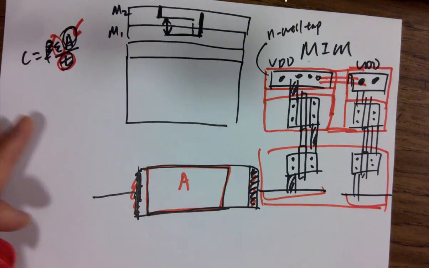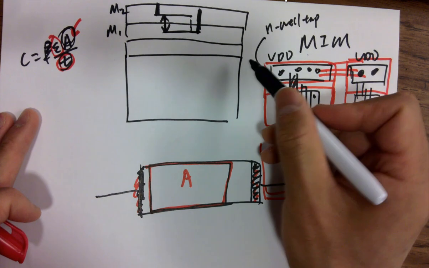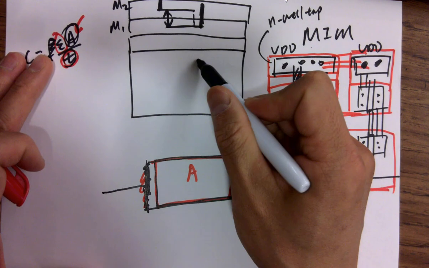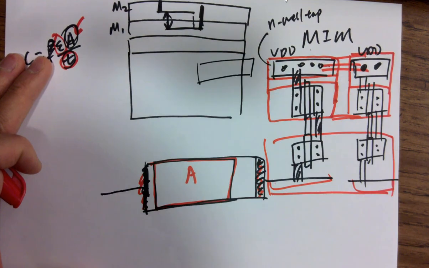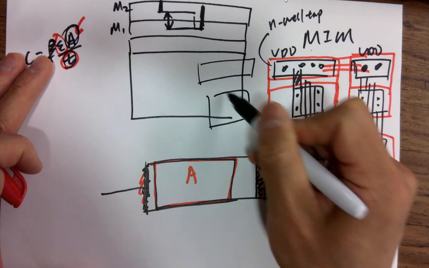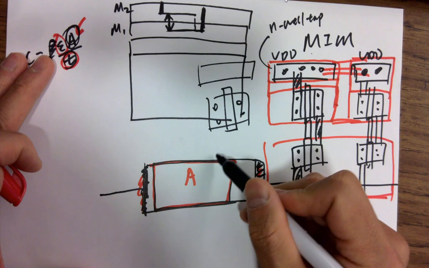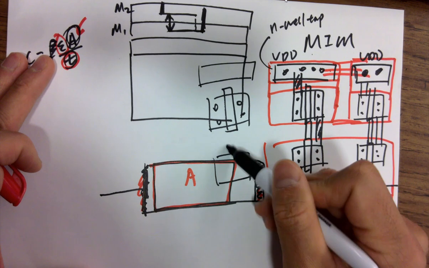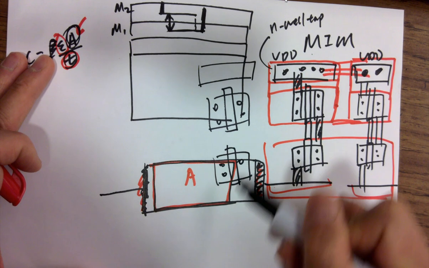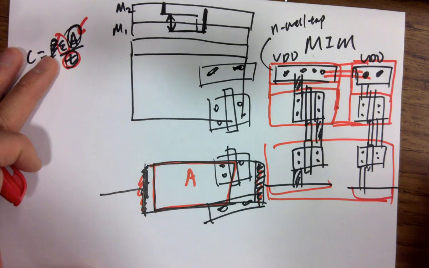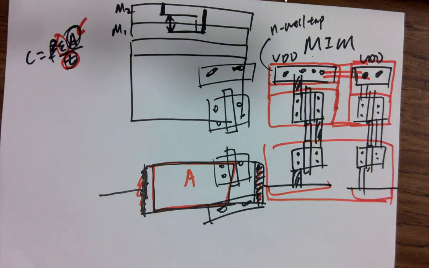So if there's another device next to it, okay, let's see if I can draw it. Another device next to it, and this device requires a separate well.